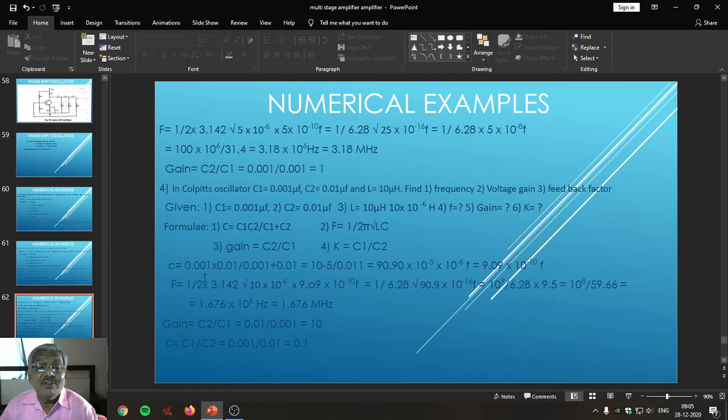Put this value in the formula of frequency so as to get 1 upon 2 into 3.142 into square root of 10 into 10 raised to minus 6 into 9.09 into 10 raised to minus 10. By simplifying this, we get 1 upon 6.28 root of 90.9 into 10 raised to minus 16.